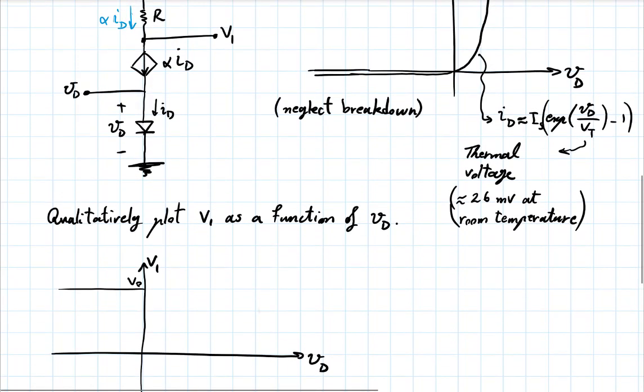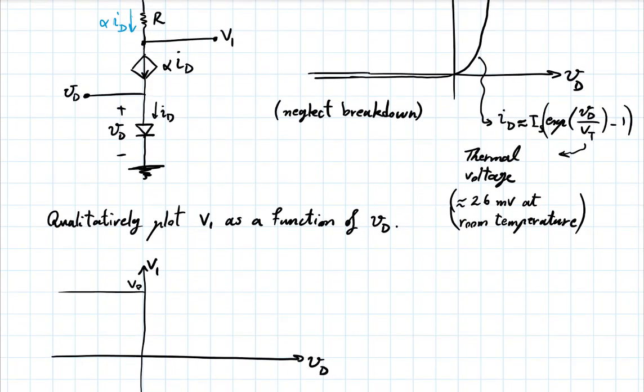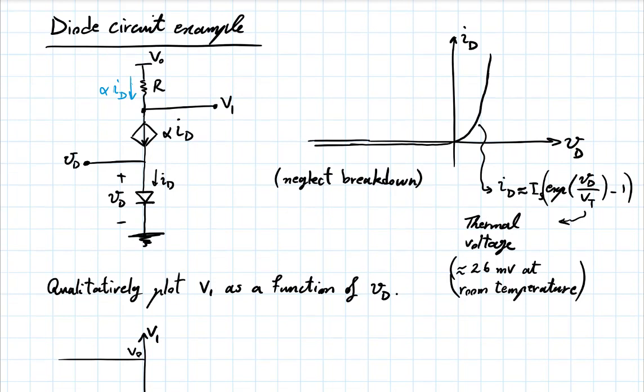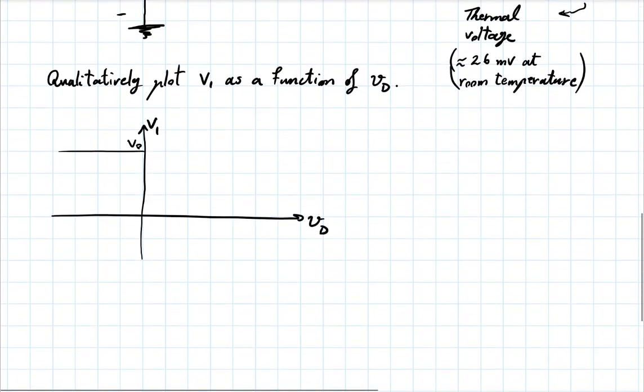By the time VD is around 0.7 or slightly higher, you might say that the diode is fully on. So let's say if this is 0.7, that diode is fully on, and you have a substantial current, and the output has gone down significantly.